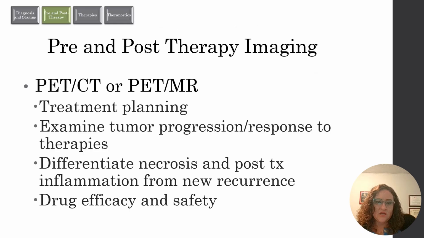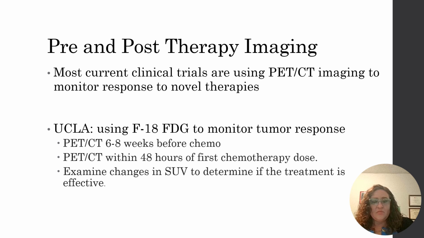So, pre and post therapy planning. PET-CT and PET-MRI are used in pre and post therapy planning, especially in clinical trials, examining tumor progression, response to therapy, differentiating between necrosis and post-radiation therapy inflammation from new occurrence of the tumor, and looking at efficacy and safety of the drugs. So for pre and post imaging, most current clinical trials are using PET-CT, although they're using various radiopharmaceuticals to monitor response to new therapies.